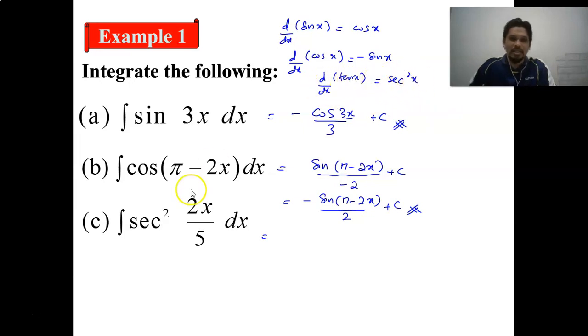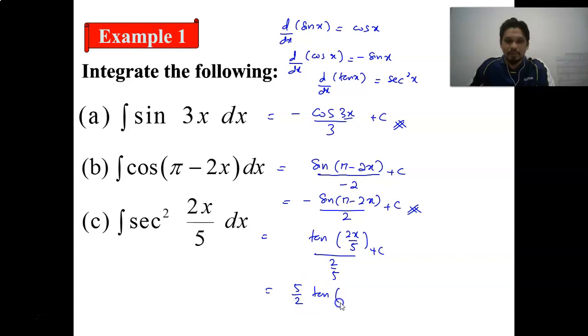So oppositely, the integral of secant square of any function gives you tangent 2x divided by 5, and divided by the derivative of 2x divided by 5, which is 2 over 5, plus c, which is 5 over 2 tangent 2x divided by 5 plus c.